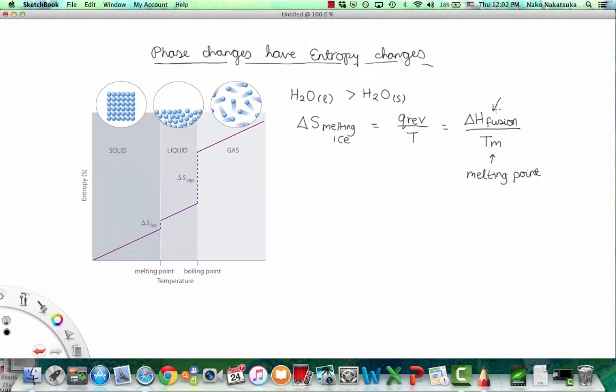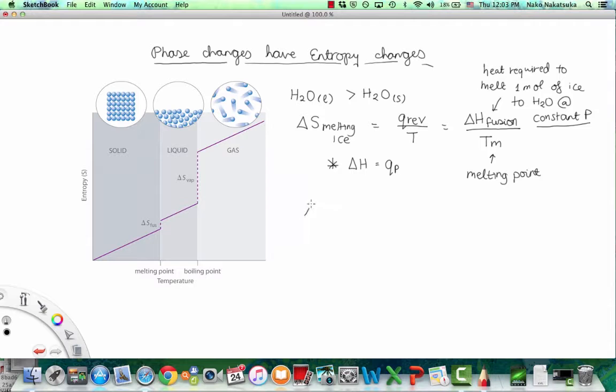And the delta H of fusion is the heat required to melt 1 mole of ice to water at constant pressure. So this constant pressure part is really important because this is what allows us to equate the Q, which is heat, to delta H of fusion. Remember that we looked at that relationship before where we said delta H equals Q at constant pressure.